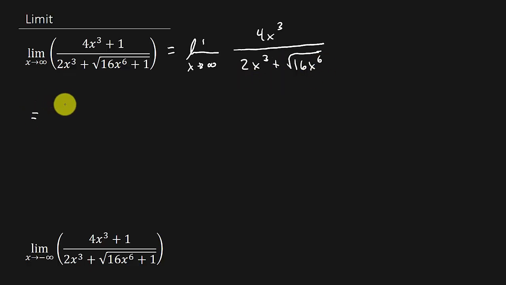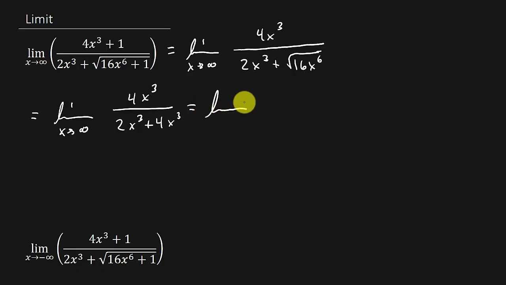All right, so this is going to give me 4x cubed over 2x cubed plus, and then the square root of that is 4x cubed. Whoops, look what I went and done. I forgot to write limit down. That's 4x cubed over 2x cubed plus 4x cubed, which is going to give me the limit as x goes to infinity of 4x cubed over, what is that, 6x cubed?